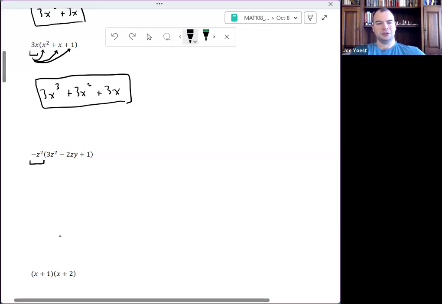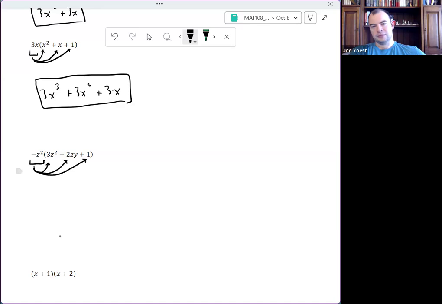That's fairly inefficient to do. So I'm going to consider the negative z squared as just a single factor, just the opposite of z squared. And I'm going to distribute that to these 3 terms.